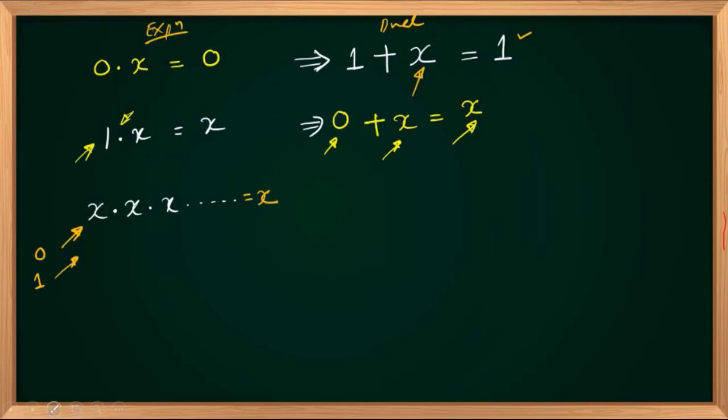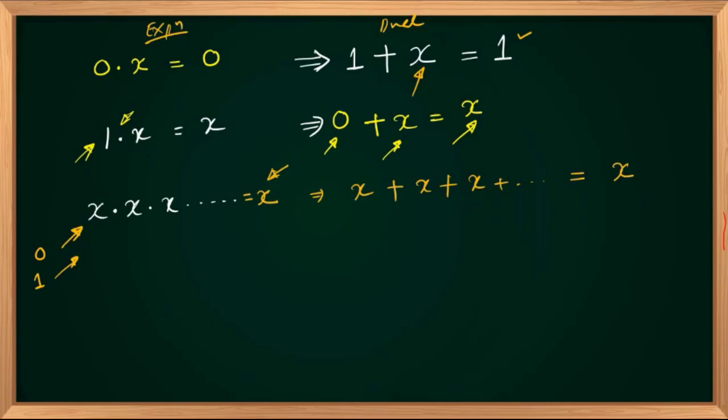The dual expression of that will be x, with the AND sign replaced with the OR sign, no change for variable x, and no change for the equality sign. The right-hand side is x, no change for x, because I'm taking the dual. So x OR x OR x is equal to x itself. If you add the same variable n times, the result will be the variable itself.